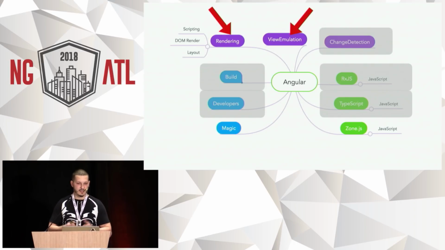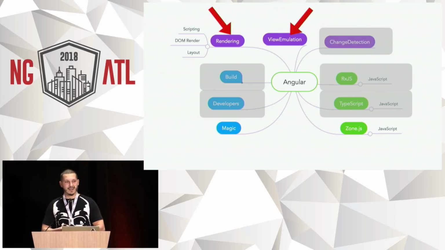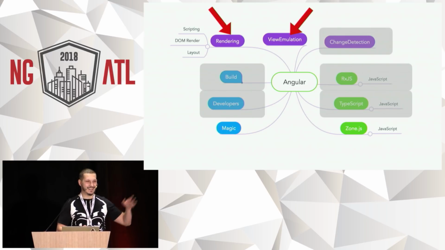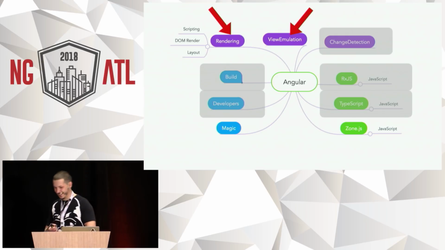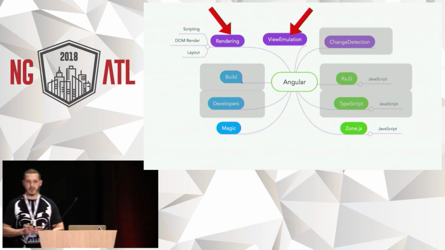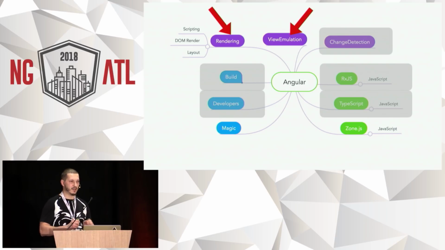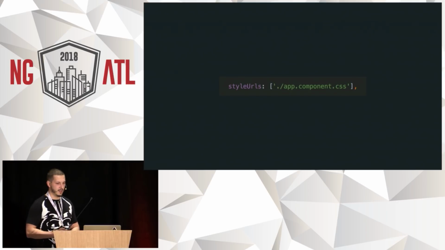Next best thing is rendering and view encapsulation. Hey Mike, we'll speak about Angular CLI default templates. So the thing is, view encapsulation by default is disabled. Yesterday we heard that by default it's emulated, it's not true.